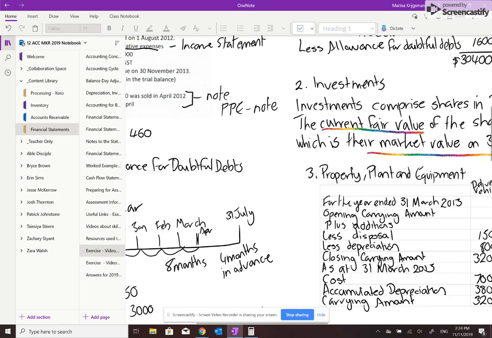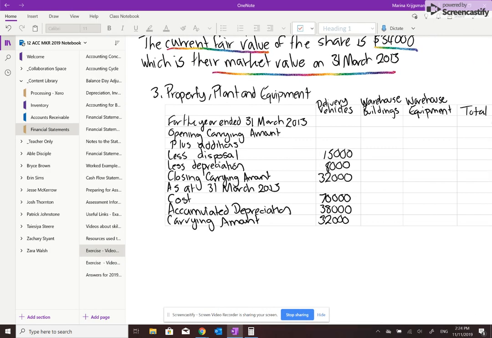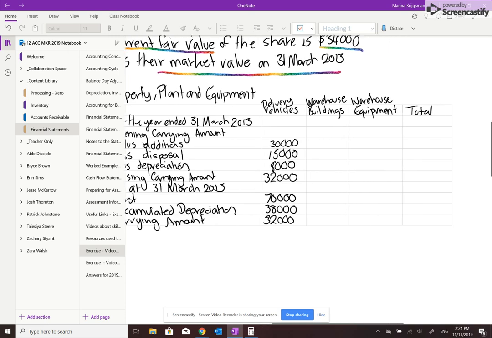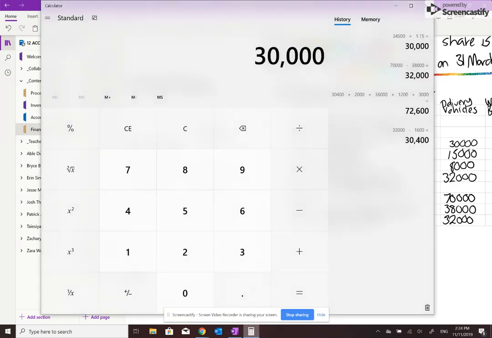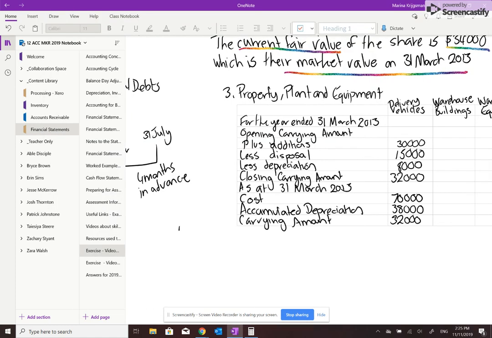So it's 30,000 is going to be our additions. And then we're going to work backwards to get our opening carrying amount. So we're going to start with our 32,000, add on our depreciation of 8,000, add on our 15,000 for our disposal, and take away our 30,000 for the new addition to give us 25,000 as our opening carrying amount.